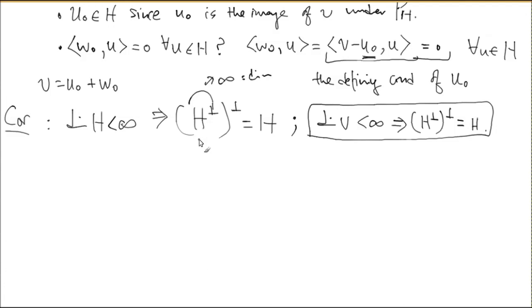If H is finite dimensional, then H perp perp is going back to H. This is one of the nice things. Also, the remark I wrote down is that the dimension of H perp in this context can still be infinite, or could be finite if the dimension of V is finite. But the direct sum was an interesting statement there. So I wrote down all the combinations.